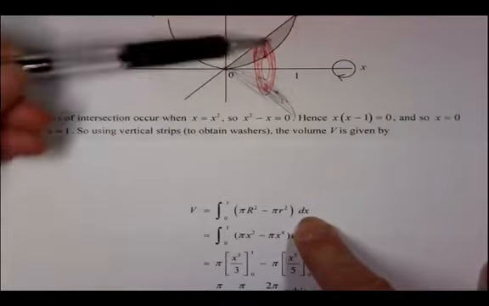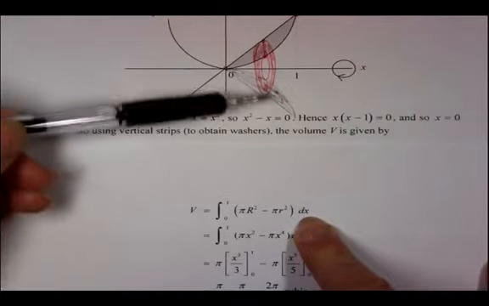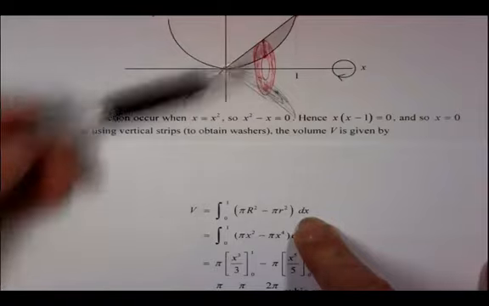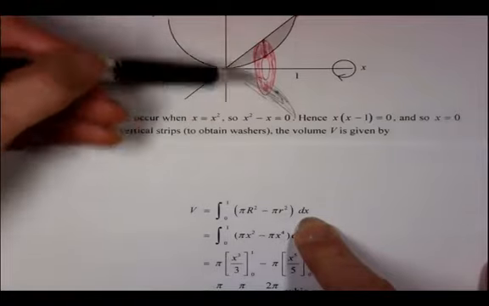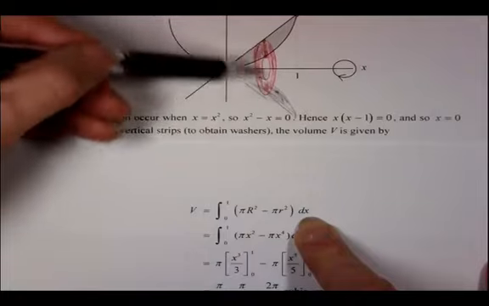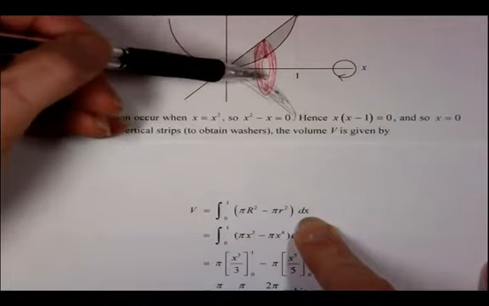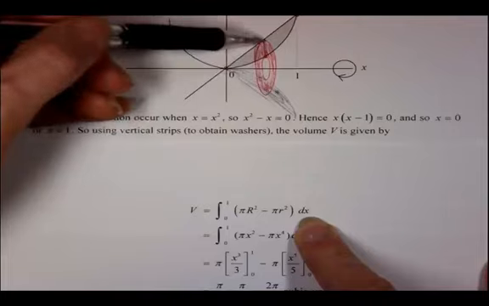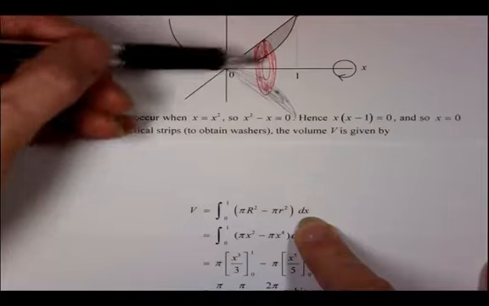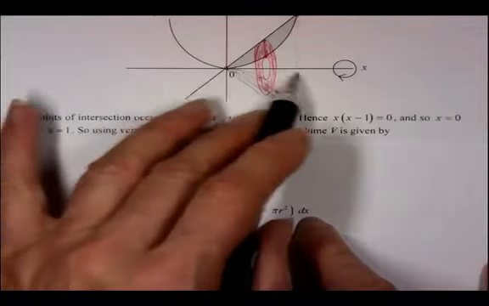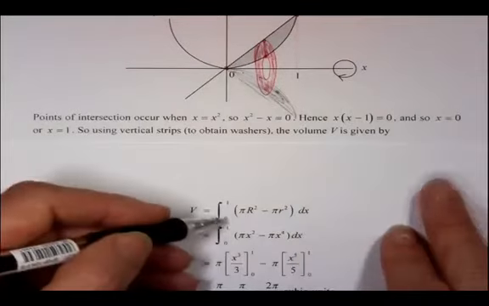Surface area times thickness. The thickness is dx. The surface area is the big circle, area of the big disk minus area of the small disk. Pi r squared, where r is the large radius, minus pi little r squared, where r is the small radius. And we're going from 0 up to 1.